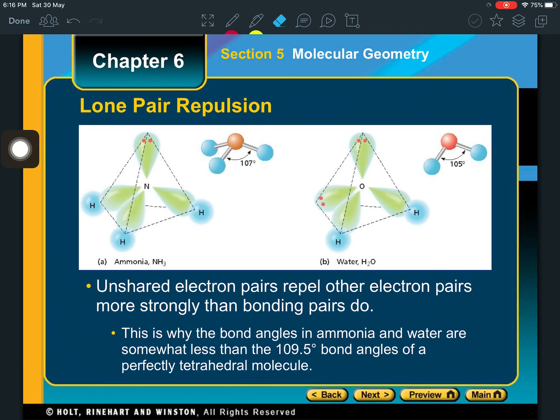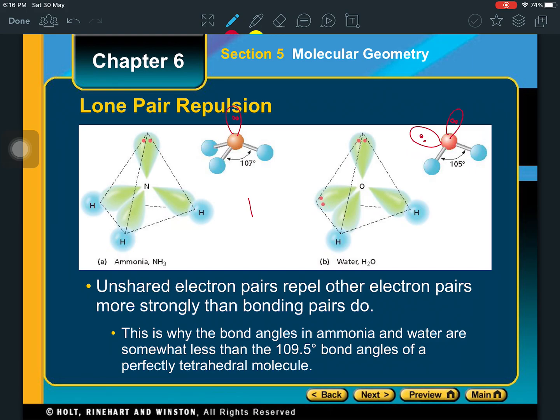All right, and now the last thing we need to talk about is why the bond angles of ammonia and water are slightly less. So the bond angle of ammonia, even though technically there are 4 components, so they behave kind of like tetrahedral geometry, where everything is basically in the same position as a tetrahedron, but they're not.